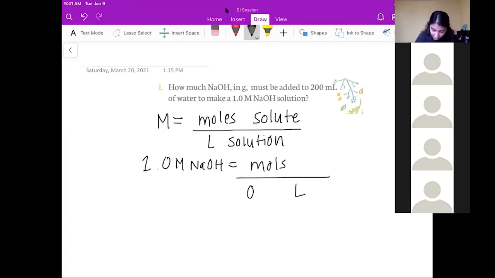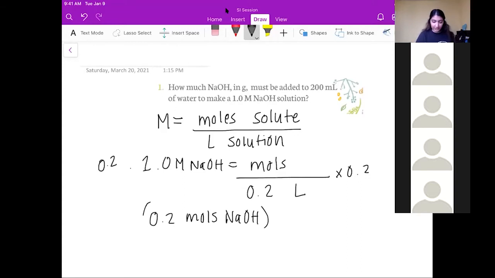Yeah, correct. Just as a reminder, milliliters to liters, just divide by 1,000. So now we'll just multiply by 0.2. So we got 0.2 moles NaOH.